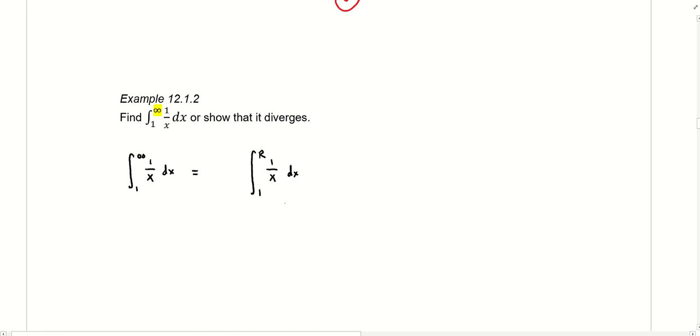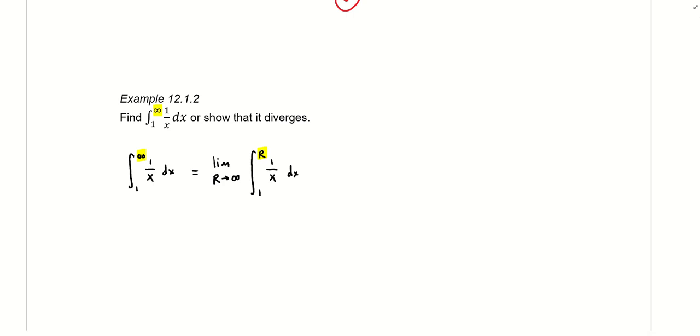And once I've done that, I'm going to get rid of the r by letting it go in my limit calculation to the value it's replacing, or infinity is not a value, it's this idea of infinite unbounded growth, but I'm going to let r go back to that. So I'm going to let it go to positive infinity eventually. So I've replaced the infinity with the little placeholder r.